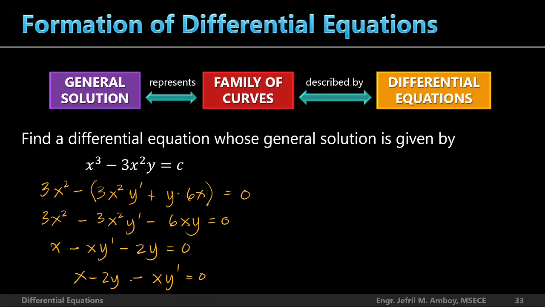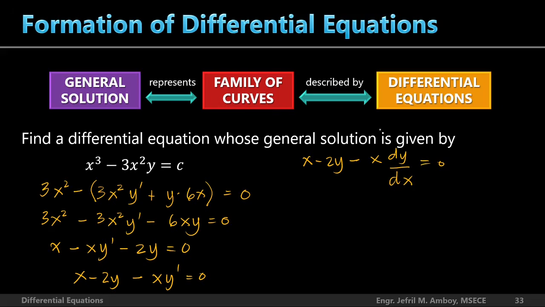Okay, so in order to convert this equation into its corresponding differential form, we need to express y prime as dy over dx and multiply both sides by dx. Okay, so I will just copy paste x minus 2y and then minus x, and then I replace y prime with dy over dx equals 0.